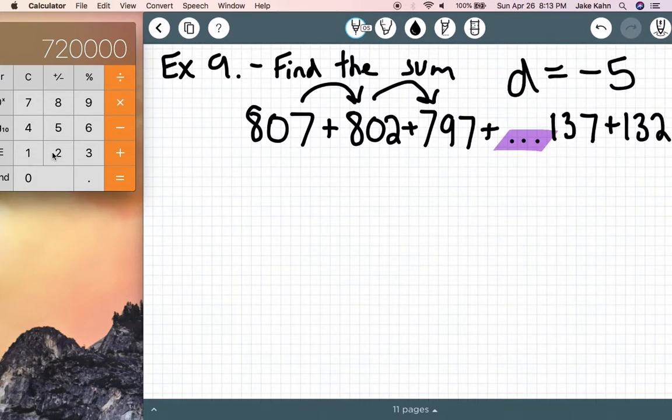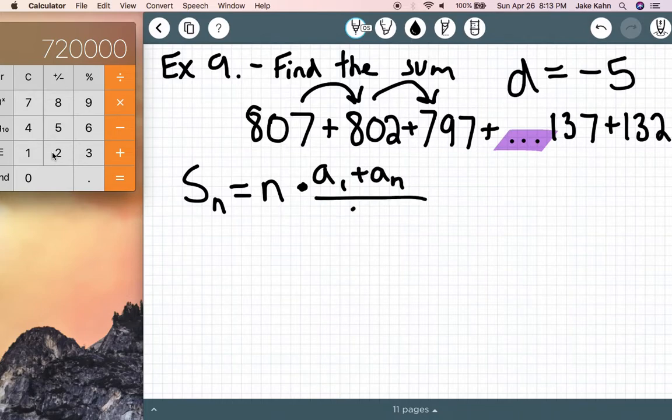So let's use our equation and figure out the sum of this arithmetic series. Sn is equal to n times a1 plus an over 2. Okay, first thing, what is n equal to?